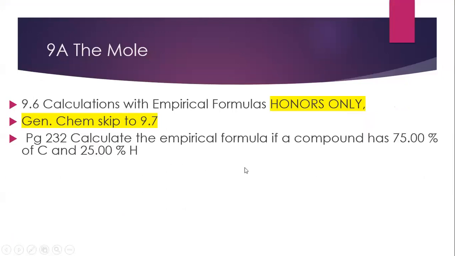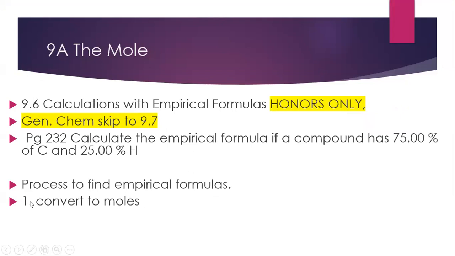Okay, so there's a problem: calculate the empirical formula if a compound has 75% carbon and 25% hydrogen. There's a process to find empirical formulas. I know the video told you a certain way how to do the steps. My way, as far as steps, first you take the numbers that are given and convert them to moles.